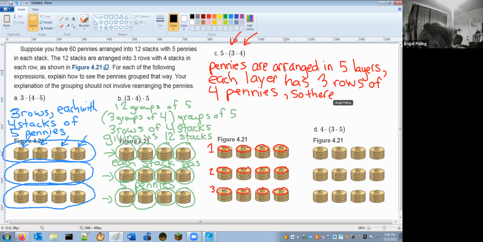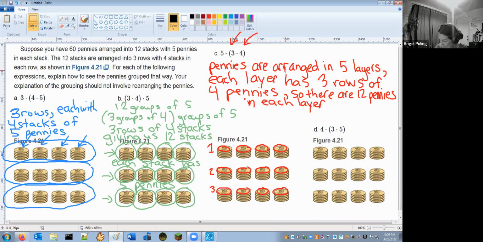So there are 12 pennies in each layer, right? It's weird. But that's what we have, right? So the layer itself is the group. And then we have 3 rows and 4 pennies in each row for part C.